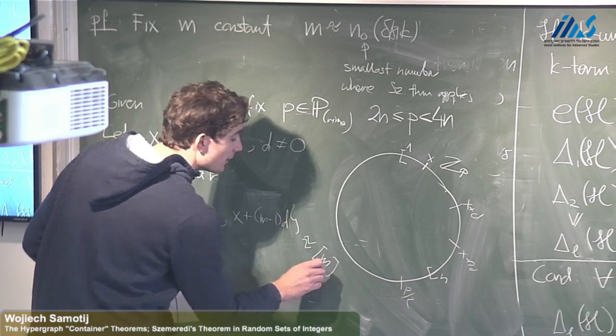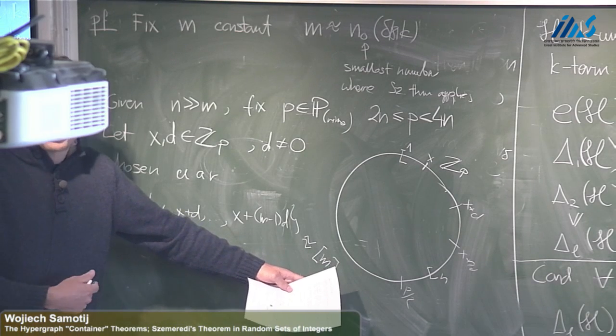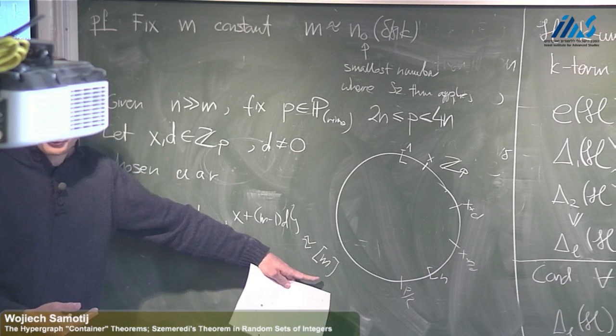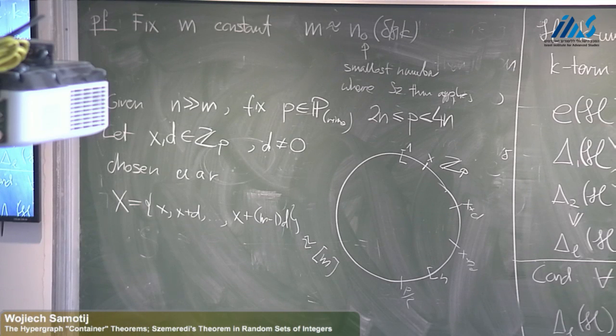This is just an arithmetic progression of length m. So for the purposes of finding arithmetic progressions, this is isomorphic to the interval 1 through m. So this is my self-similarity that I was referring to before.